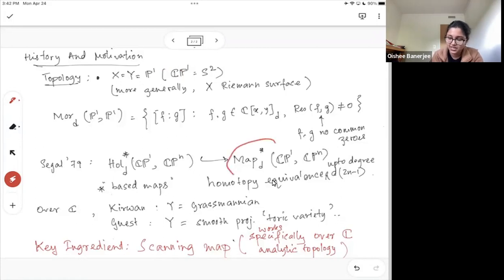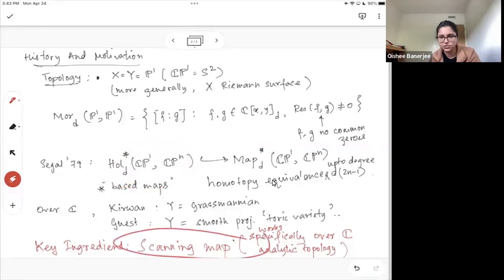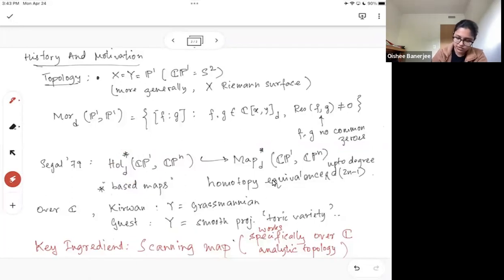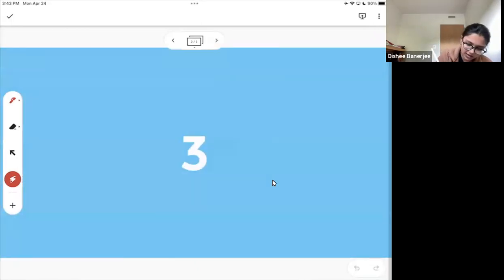Well, the space of continuous maps would not work in the traditional fashion, but nevertheless, if someone is interested in, say, stable homology questions of this space, one can still want to compute it so that it works for whatever the ground field is, and none of this scanning map technology will work. Okay, so as beautiful as these methods are, if you wanted a topology over more general fields, you're kind of stuck.